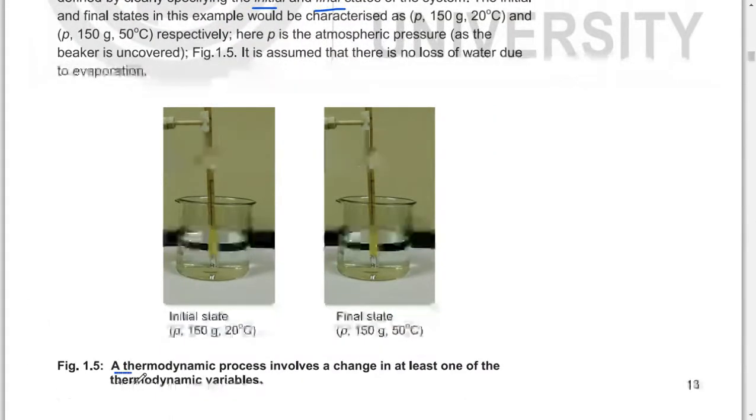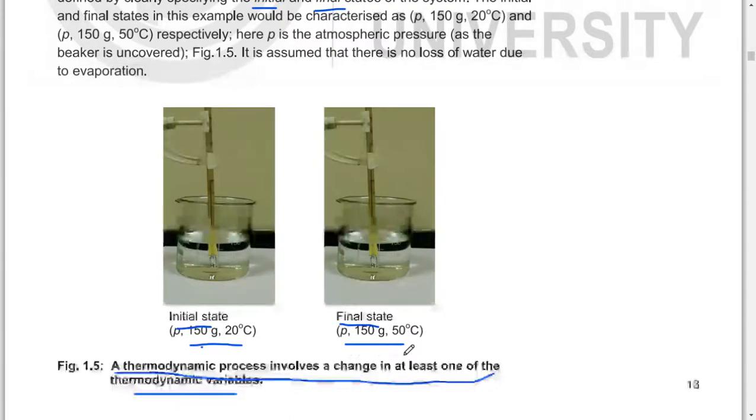A thermodynamic process involves a change in at least one of the thermodynamic variables. Initial state: P, 150 gram, 20 degrees Celsius; final state: P, 150 gram, 50 degrees Celsius.